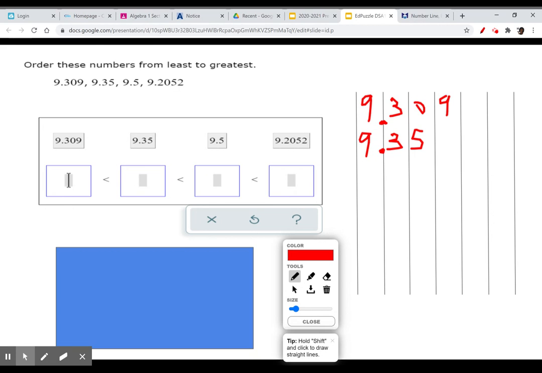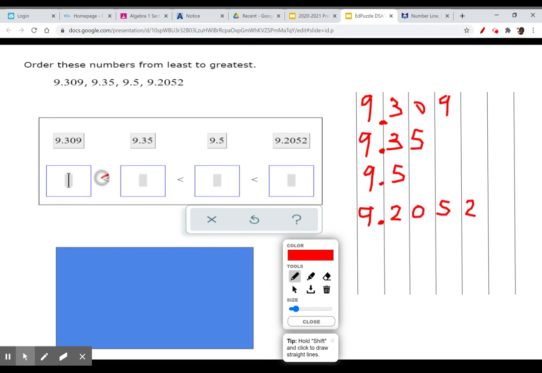I have 9 and 5/10, and I have 9 and 2052 10,000ths.